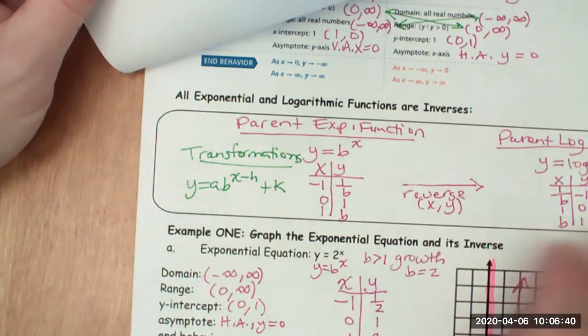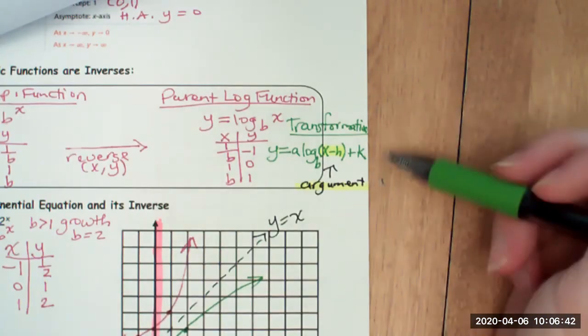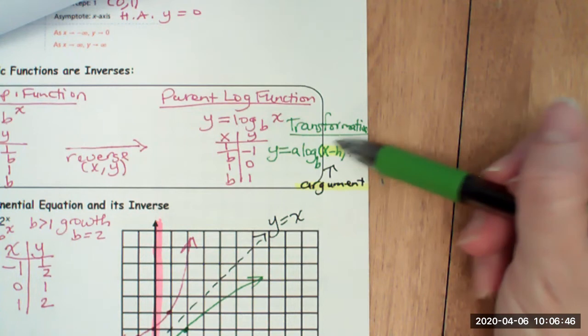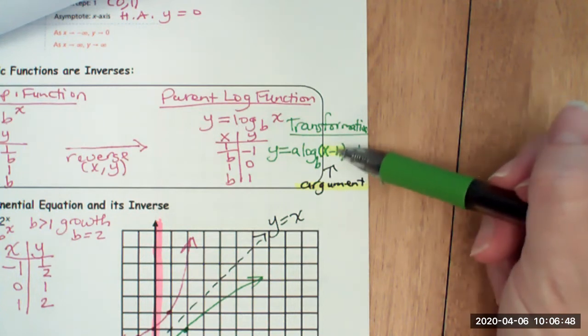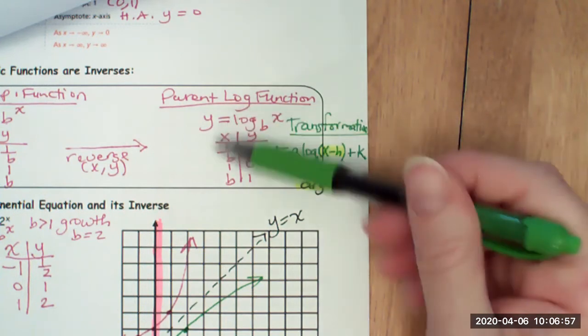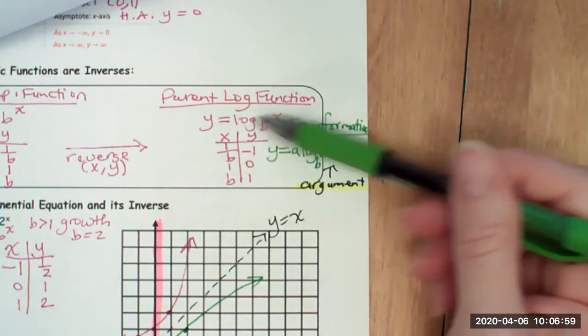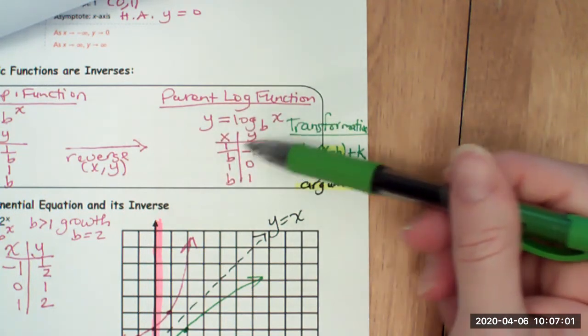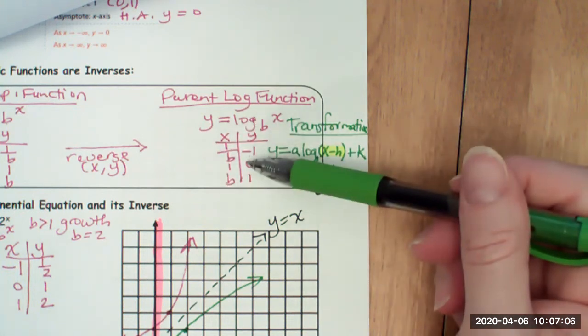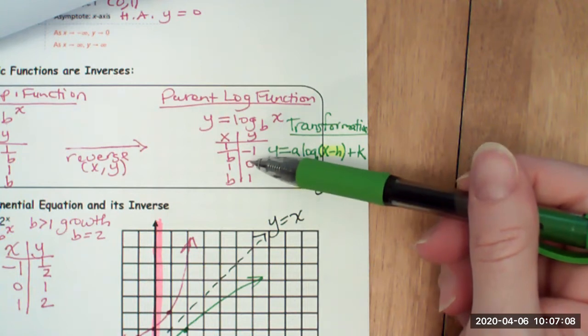So now, since with log functions we're dealing with vertical asymptotes, what we're going to be focusing on is shifts left or right that are going to change the vertical asymptote from the y-axis, which is x equals 0. Also, notice the parent table, which is going to change based on the value of b that we have. So this is the parent table that we're going to use. So I'm going to go ahead and copy that over right into the question that we're dealing with now.